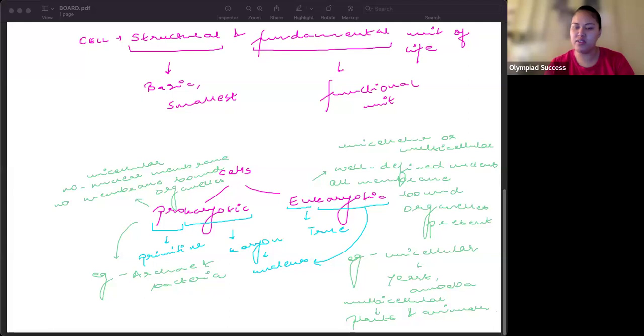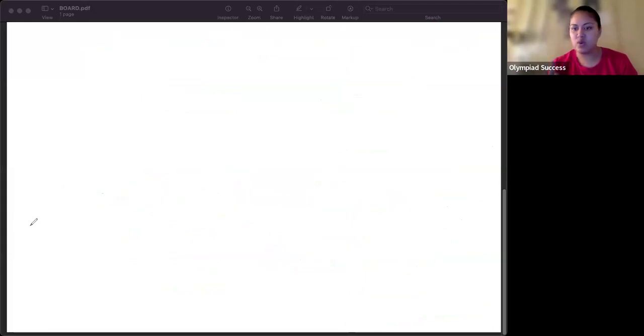Eukaryotes can be unicellular also and multicellular also. Now I'll give you an overview of how a cell is organized, and then we'll first talk about a prokaryotic cell in detail. So a cell can be divided into cell envelope, okay, and the protoplasm.